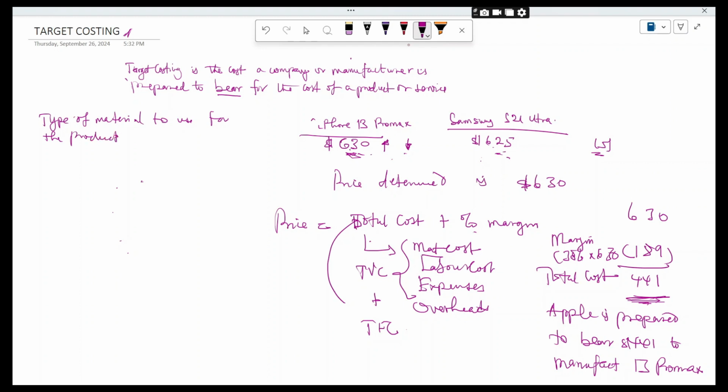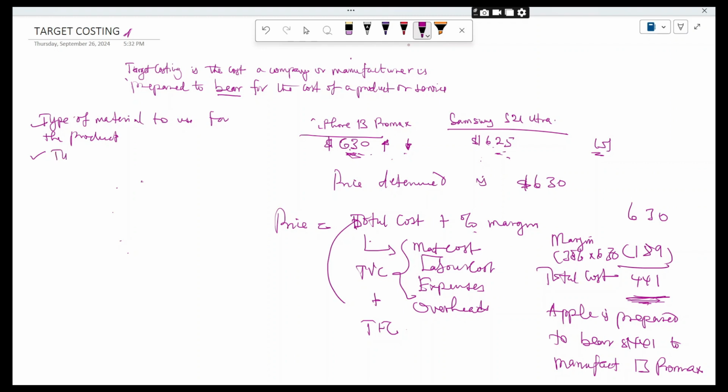So for the 13 Pro Max, are we going to use Gorilla Glass for the screen, or are we going to use a rubber for the screen? Then they are also going to consider what kind of product they are going to use, a metal for the case or for the cover of the product, or a polyester or a rubber for the back. So that will inform all the types of material they are going to use.